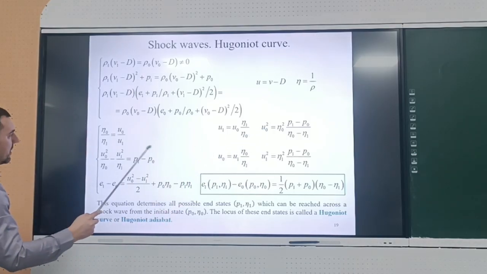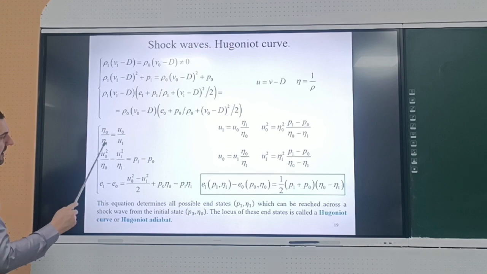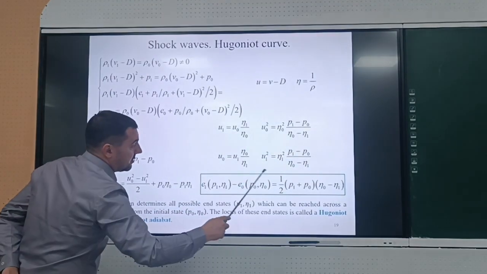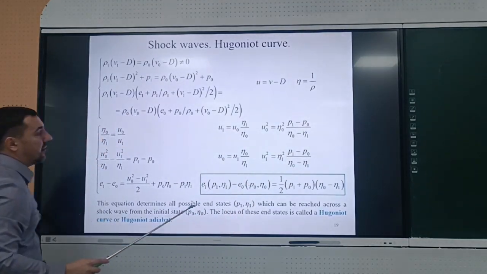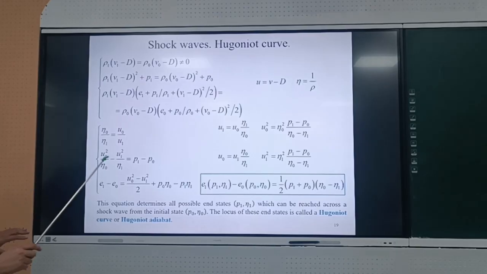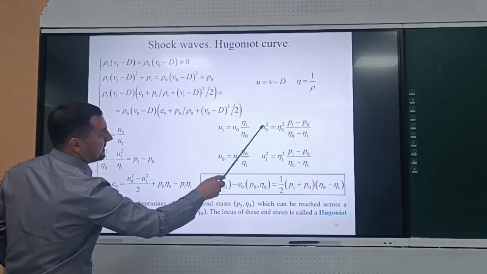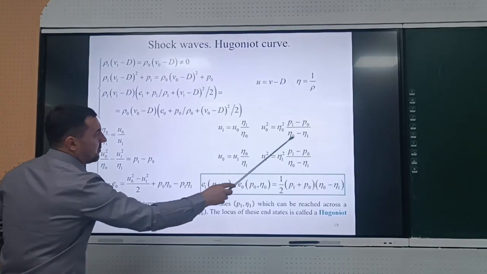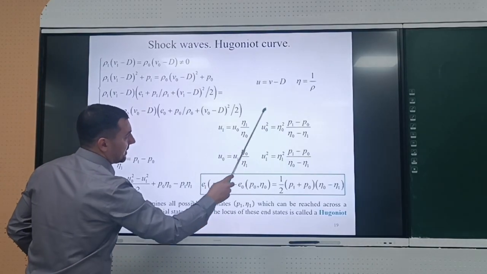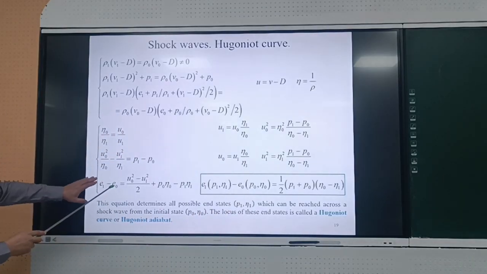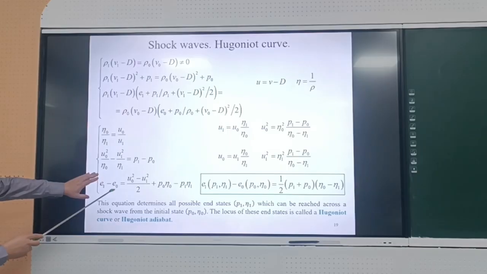Then, quite contrary, we express u sub 0 from here, and again put it into the momentum conservation law, and we will obtain u sub 1 squared. So we expressed the velocities as functions of pressure and density, or p and eta. And then we put this u sub 0 squared and u sub 1 squared into the energy conservation law.